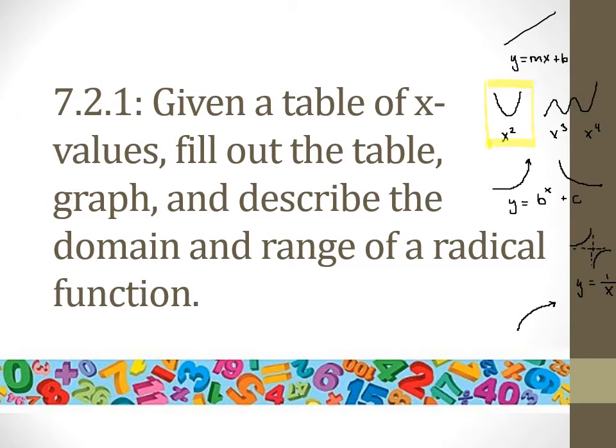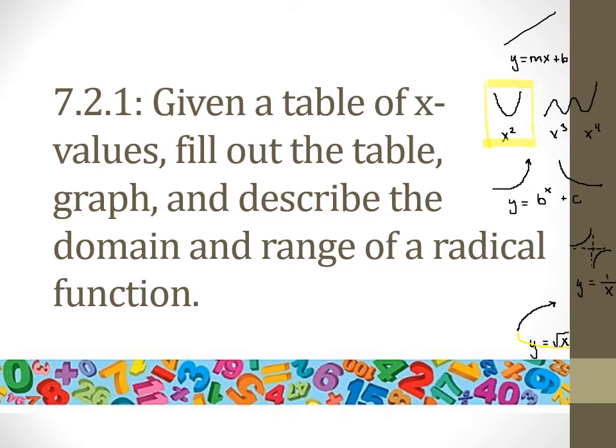Those had equations of the form y equals x squared. Our radical functions here in Priority Standard 7 have equations of the form y equals square root of x. So instead of having a vertically oriented parabola, we have a horizontally oriented parabola, or at least half of one, but you can visualize where the other half would be. So that is what we are doing in this last standard.